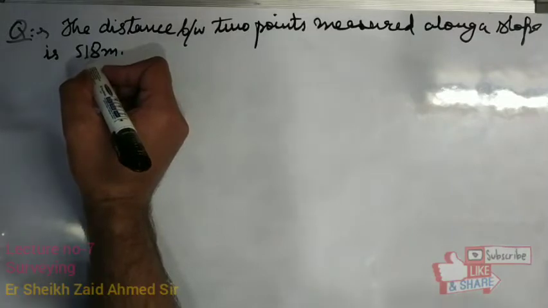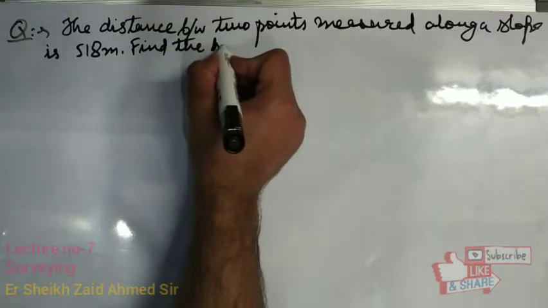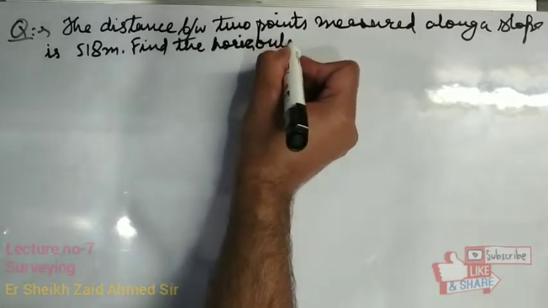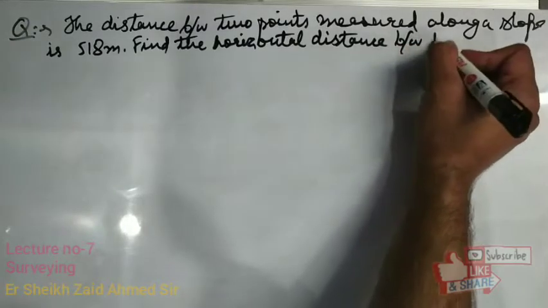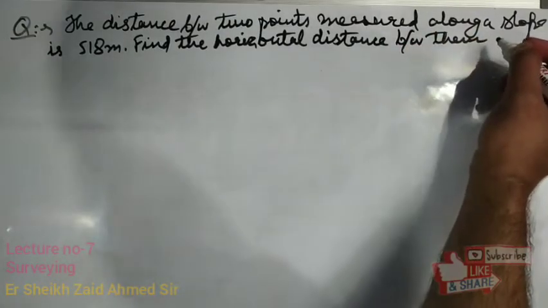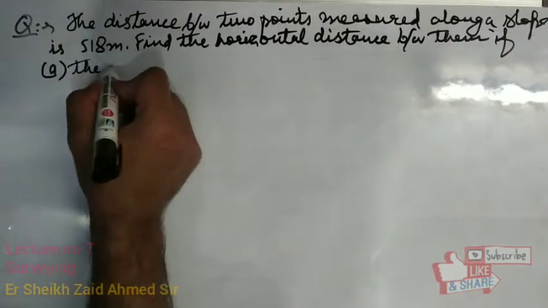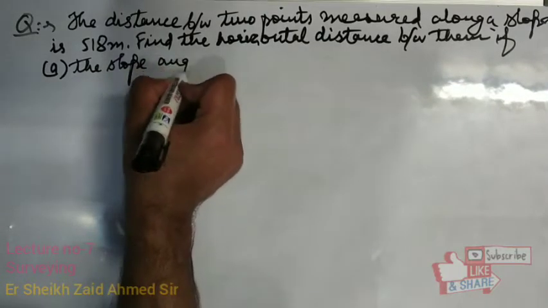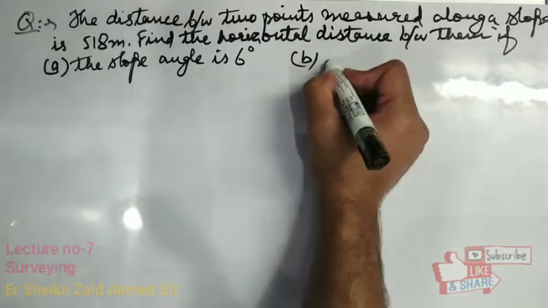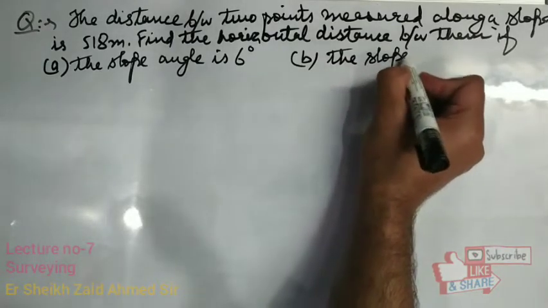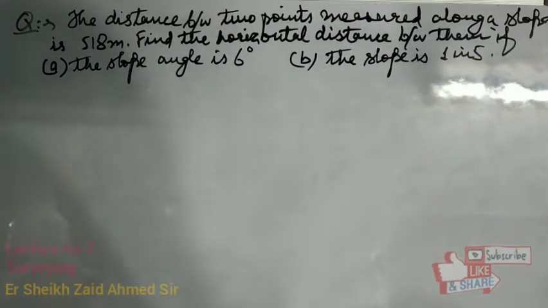Now he's asking, find the horizontal distance between them, if the first part says the slope angle is 6 degree, and in part B he's asking the slope is 1 in 5. So we'll try to solve the question.